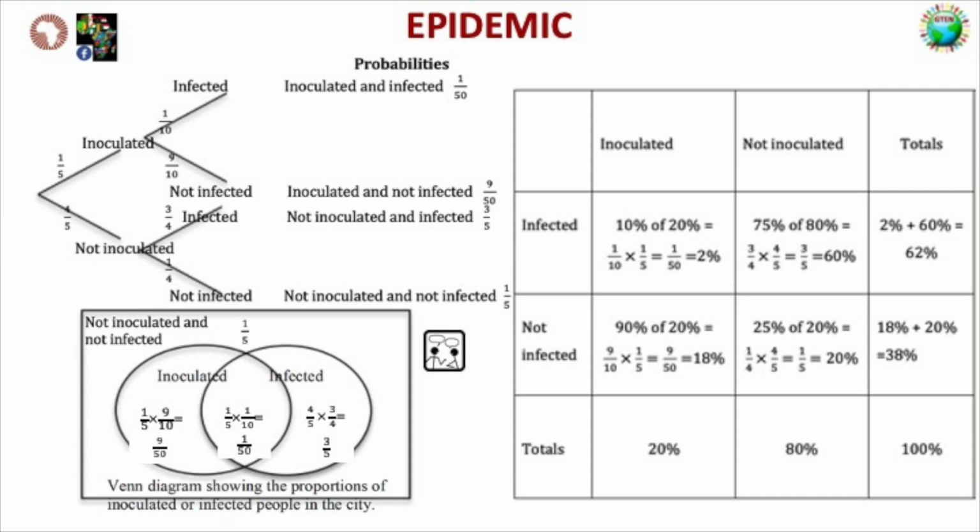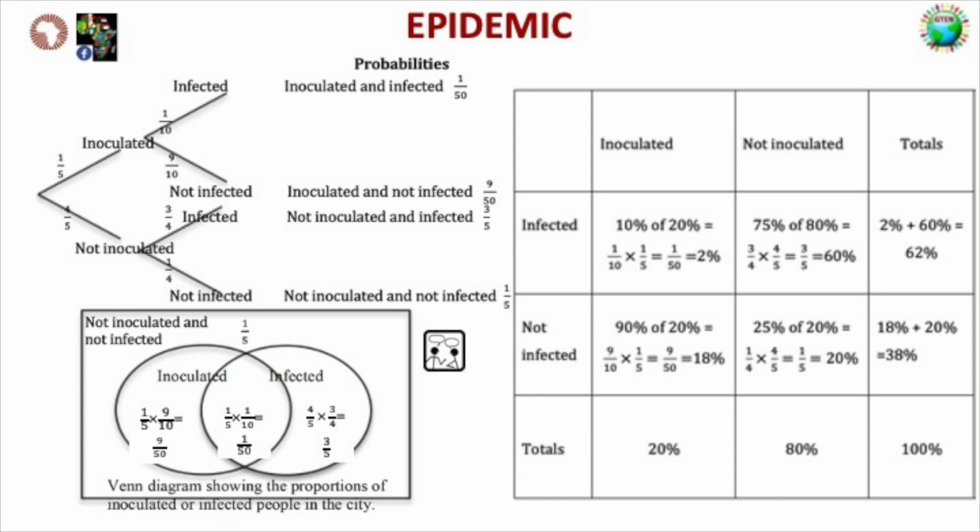And if you look at what's happening now, you'll see how the probabilities are worked out in the tree diagram. So the proportion of people who are inoculated and infected is 1/5 times 1/10, which is 1 in 50. That's a very low proportion of the population. Whereas if they're inoculated and not infected, that will be 9/50, or 18%.